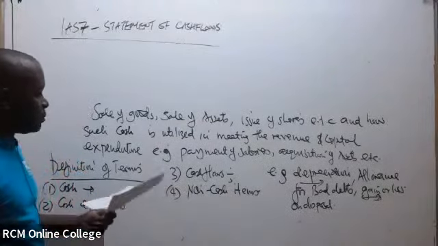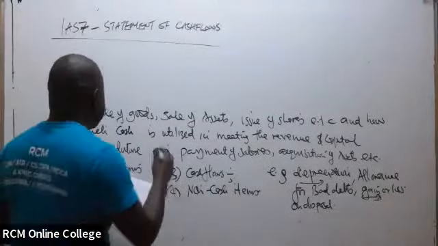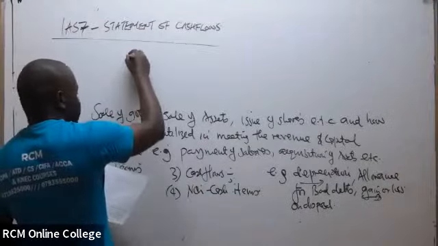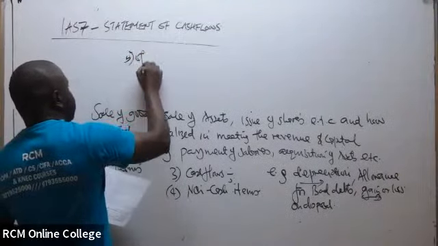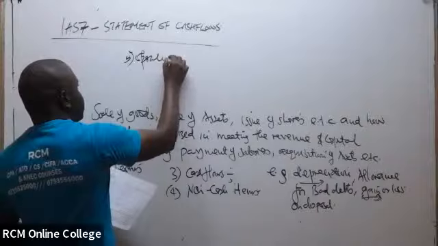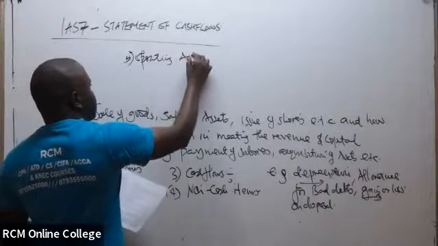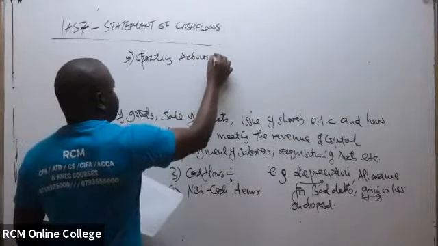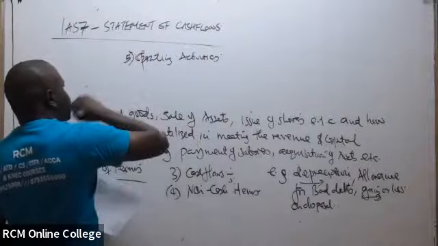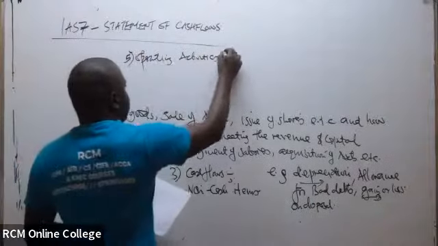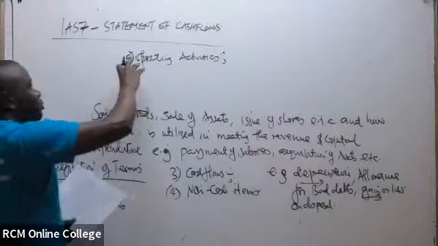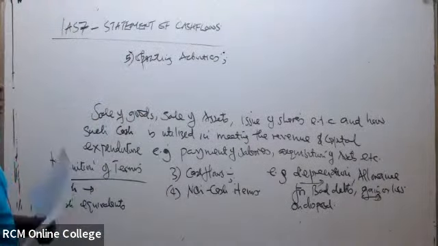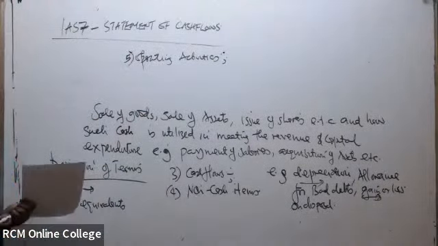Then another term we have in this case is operating activities. So what is operating activities? It is one of the components of a statement of cash flow.